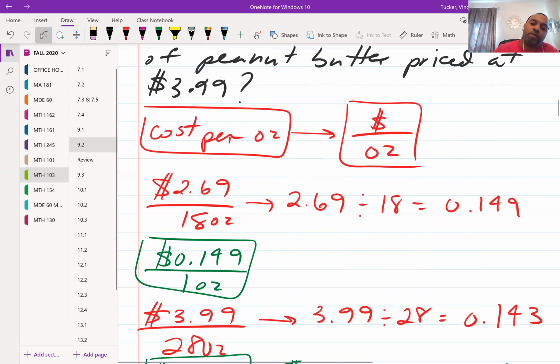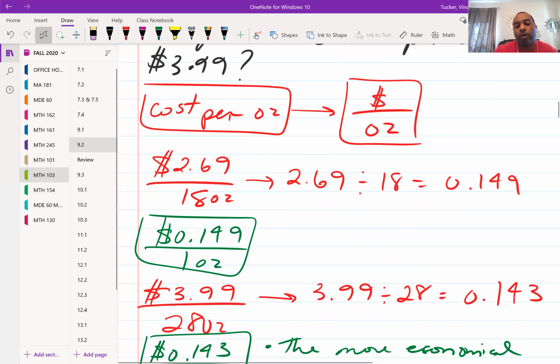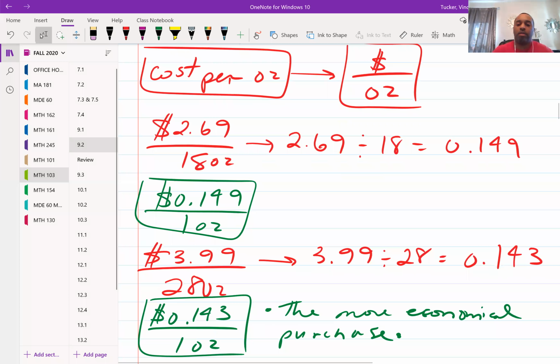Then the next one, $3.99 divided by 28, and that's 0.143 per ounce.